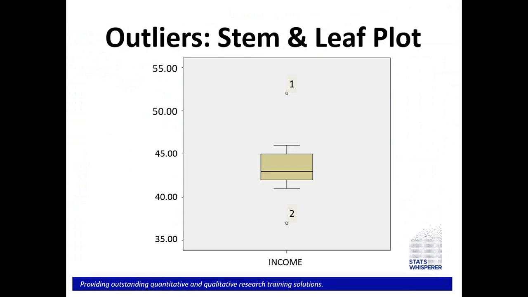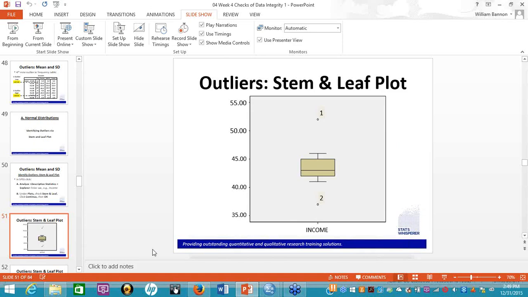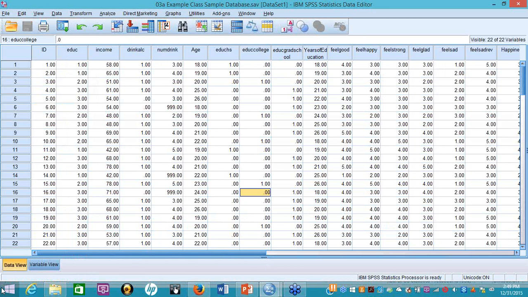Now it's important to remember the numbers next to the circles, and if it's an extreme outlier, you get a star. The numbers next to the circles identify the outliers by the numbers in the data view blue numbered column. So you go to data view. If 1 is an outlier, remember next to the little circle said 1, this 1 is saying that's an outlier.